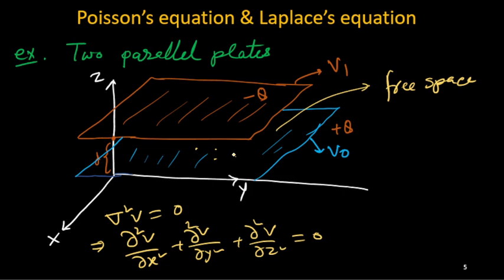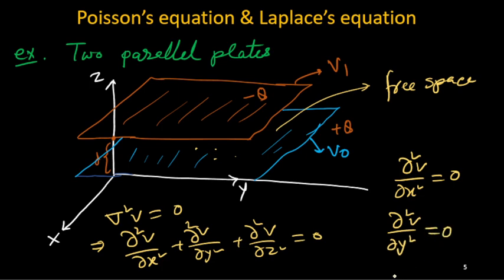Okay, so V is not a function of x and y, meaning that del square V del x square is 0, because it is infinite along the x direction. It has no variation along x. That's how its derivative is 0, and the double derivative is also 0. Similarly, the double derivative of V with respect to y is also 0, because along y it is infinite.